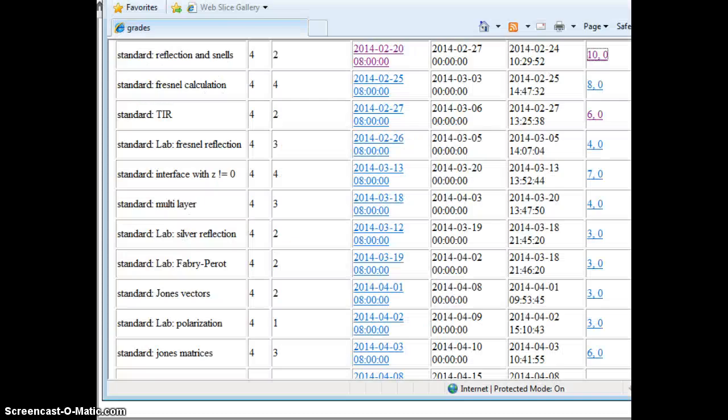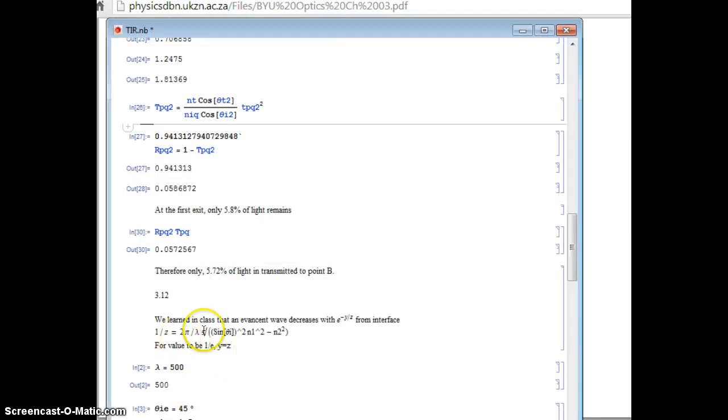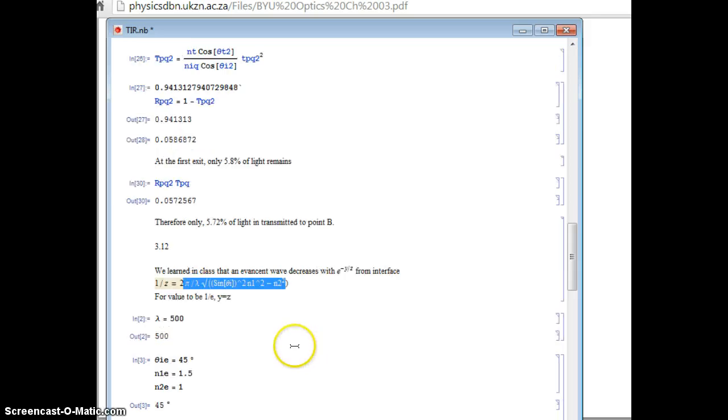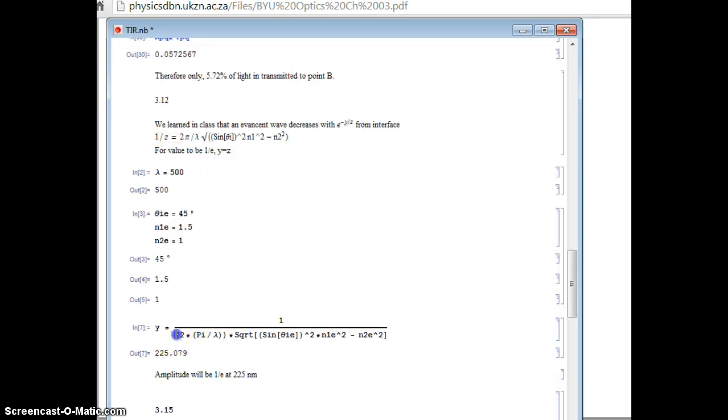That is the ratio at which it decreases, and we want to know when it's 1 over e, so that means y over z has to equal 1. So we can say that 1 over z equals that, and we can just substitute that into the equation, and I did that right there.